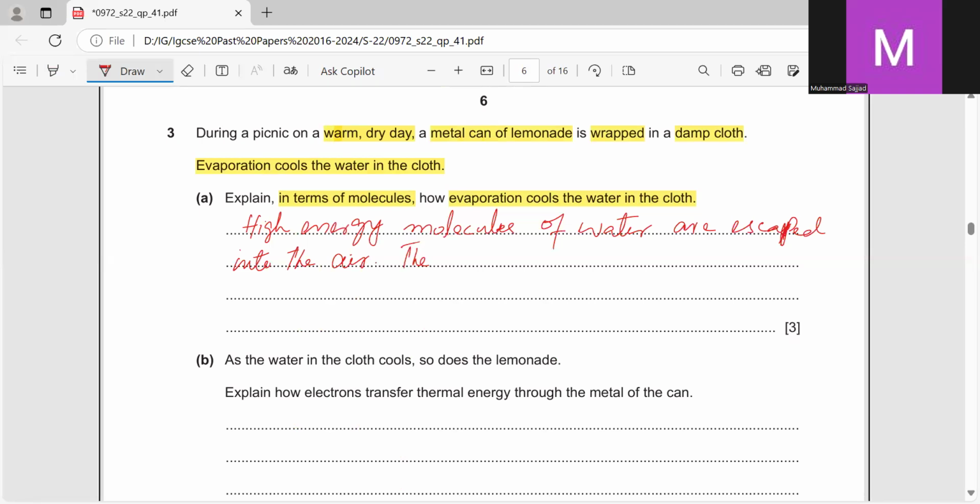Now, the molecules left behind have low kinetic energy. So the average kinetic energy is lowered.